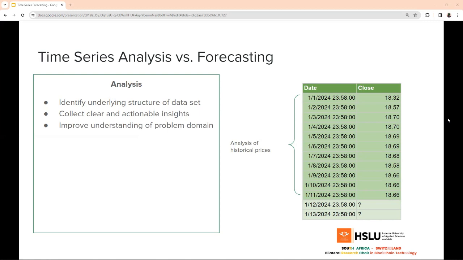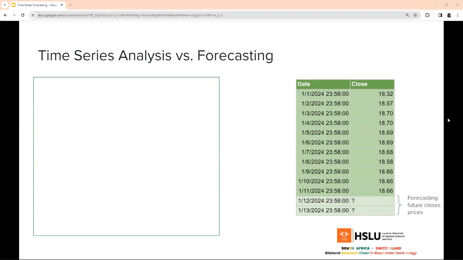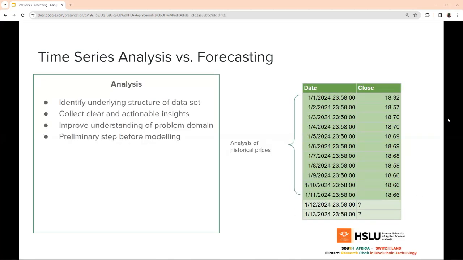As a data scientist, you will collect clear and actionable insights from the time series data. You will increase quality in the problem area of the measured phenomena. And you would then proceed to perform preliminary steps before the modeling, and this includes pre-processing and feature engineering to improve the richness of your data sets. Essentially, time series analysis is just your preliminary step before you get to time series forecasting.